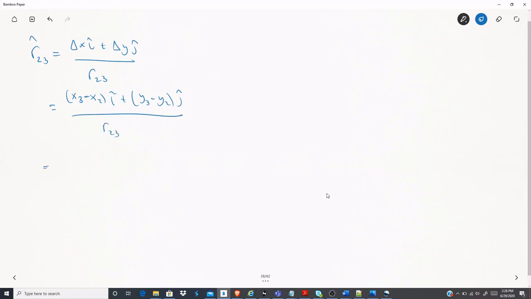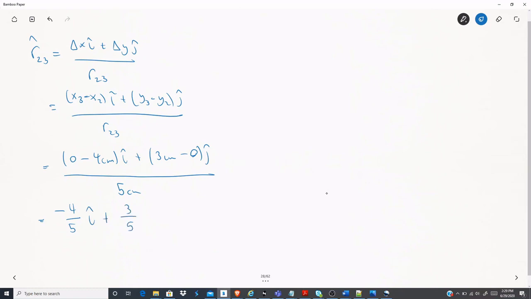Now plugging in the numbers, the x-coordinate for q3 is 0, the x-coordinate for q2 is 4 centimeters, the y-coordinate for q3 is 3 centimeters, the y-coordinate for q2 is 0. The distance between them is 5 centimeters. So now I get negative 4 fifths i hat plus 3 fifths j hat.